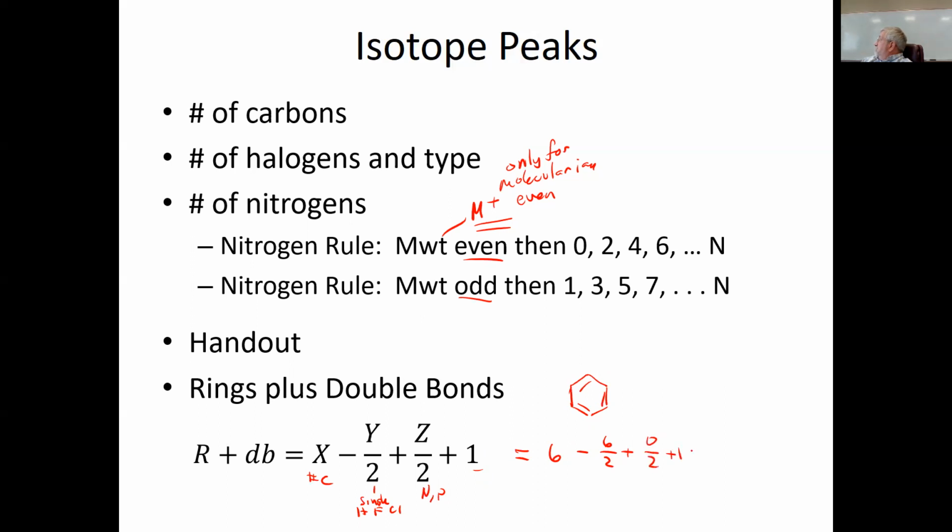Plus 1. So this is going to be 7 minus 3 is 4. And what that tells you is you have 1, 2, 3 double bonds. Right. But also, notice this is 4, so you have 1 ring.